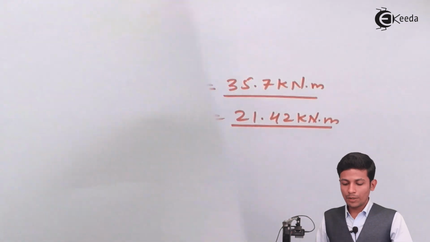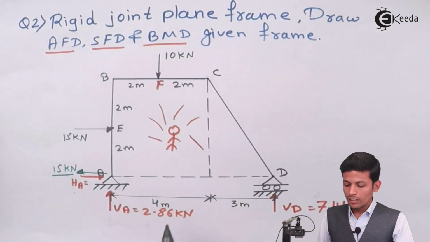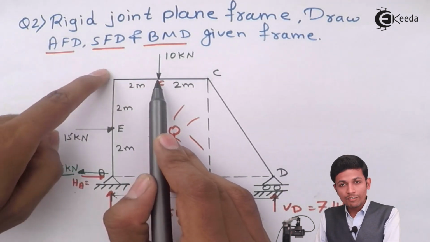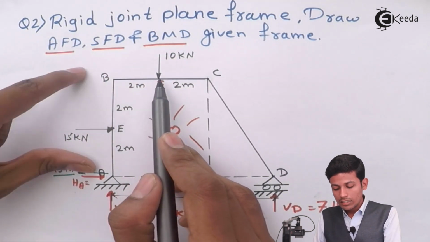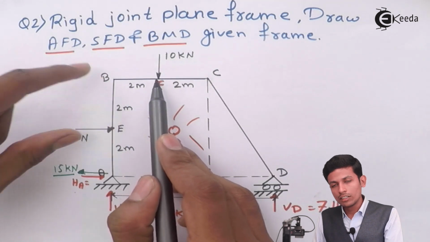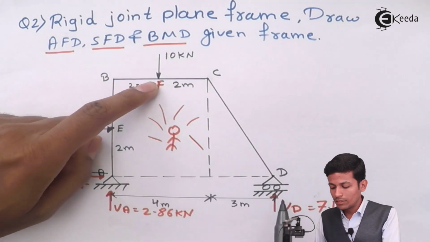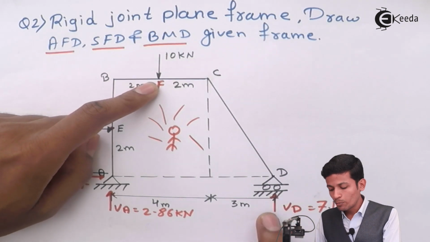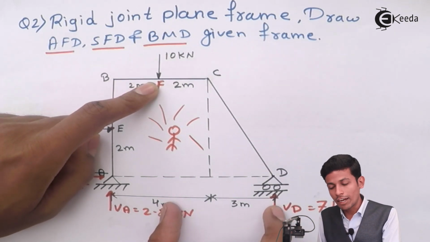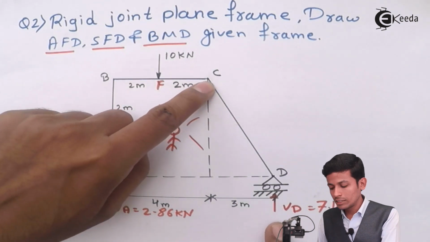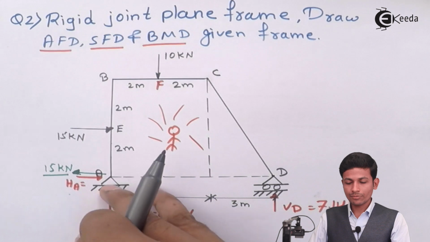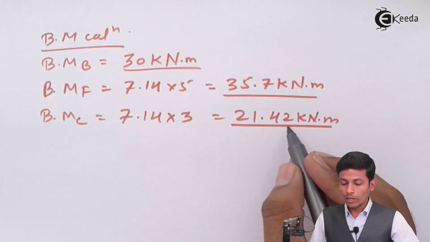Don't panic over here. For the bending moment at F, if we take the other side, the distance will also come out correct, but we are taking this side because it is less complicated. So the 17.14 force into the perpendicular distance, which is 5. For the bending moment at C, we take 17.14 into this distance, which gives 21.42.